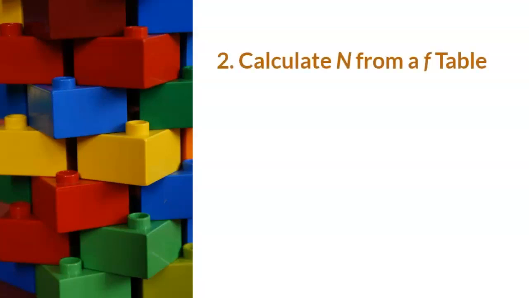In a previous lecture video, you learned that statistical notation is the language of statistics. It is easier to shorten values in common statistical terms to a single letter for mathematical purposes. To calculate n from a frequency table, you will need to remember that n stands for the total number of individuals in a sample.